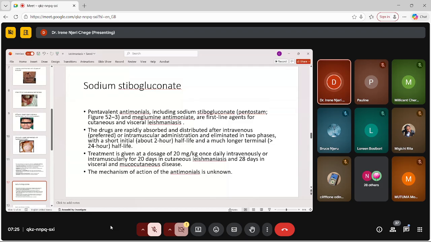It converts the inactive drug to the active drug. It's actually a prodrug. Although they say the mechanism of action of these antimonials is unknown, the proposed mechanism is that the drug is converted to an active species by a reductase enzyme, and this is what causes the death of the amastigote in the macrophages.